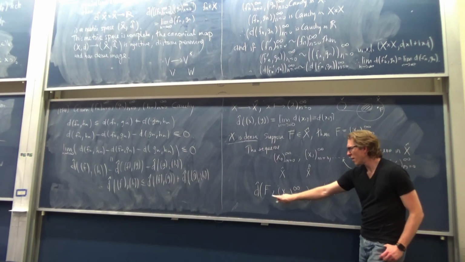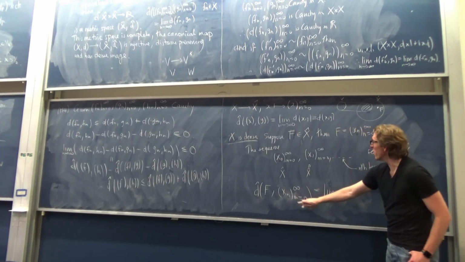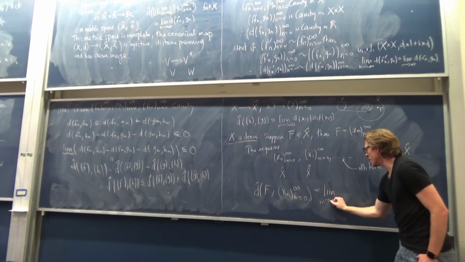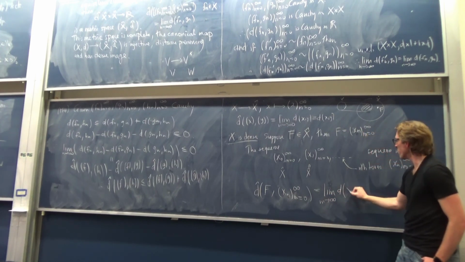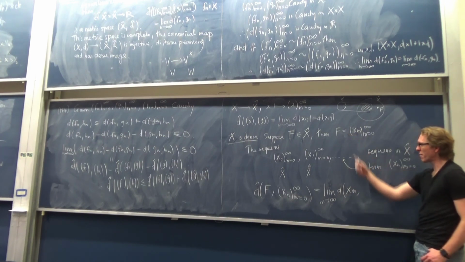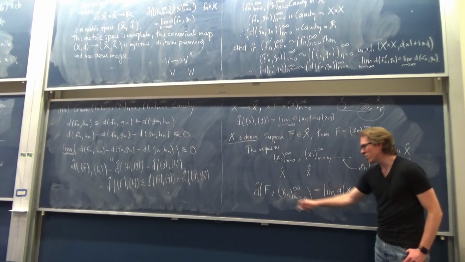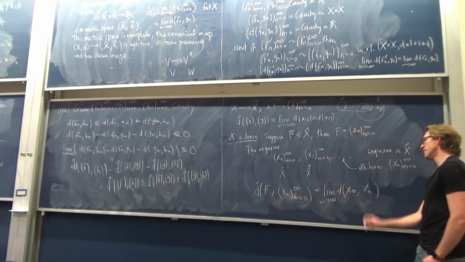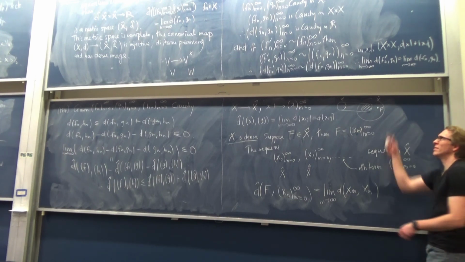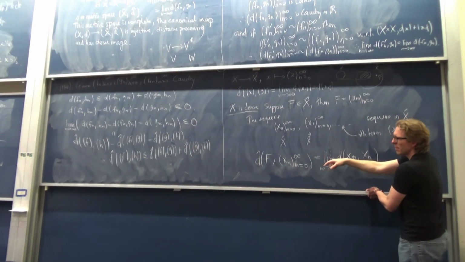It's the limit over the things that live in the sequence, which I'm now indexing by m. So that's the limit as m goes to infinity of d of xm, that's the mth term in f, comma, the mth term in this guy, and that's just xn, because that's always xn. So that's the d hat distance from f to this.